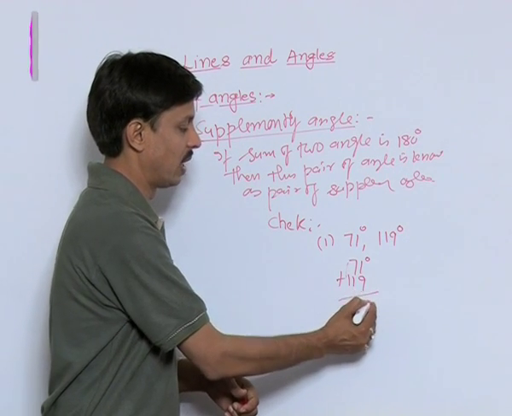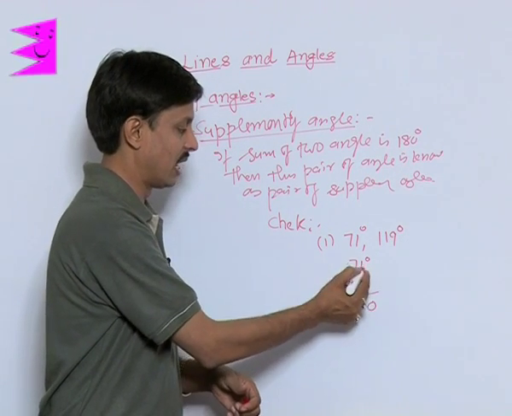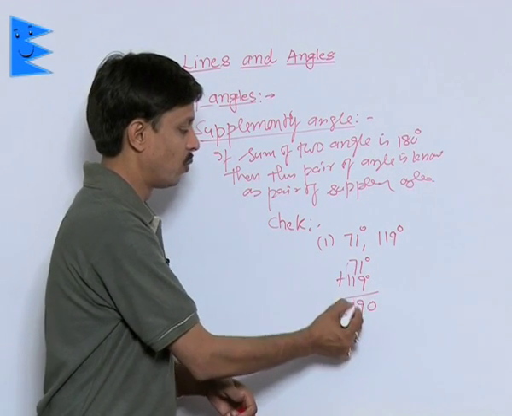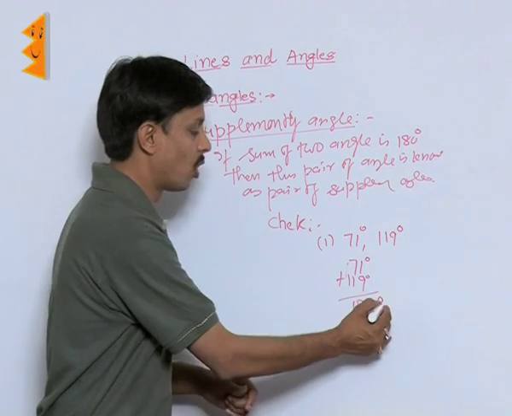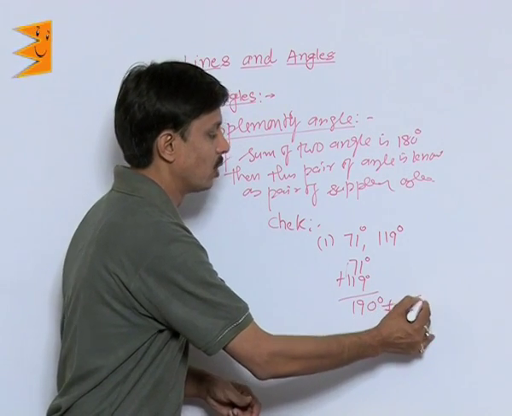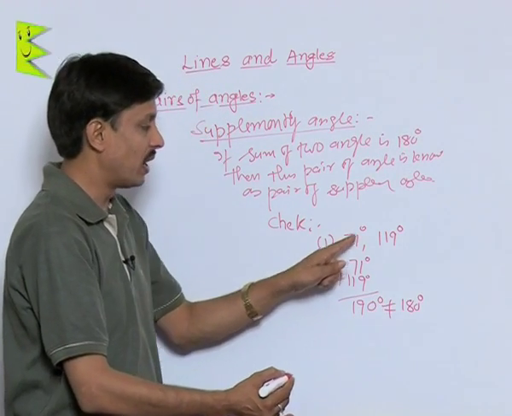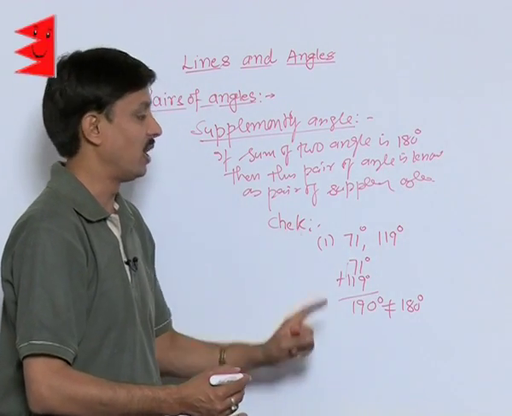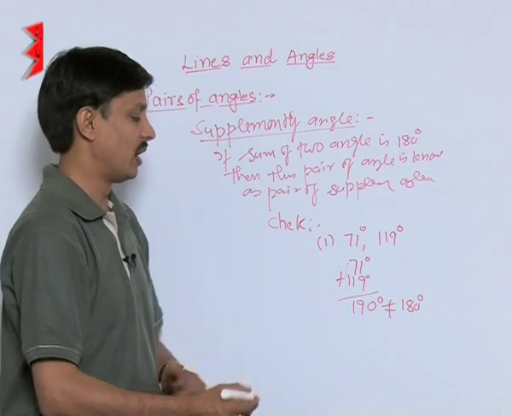I say it is 9 plus 1, 10, carry 1, 7 plus 1 plus 1, 9, so 190 degree. It is not equal to 180 degree. So this pair of 71 degree and 119 degree is not a pair of supplementary.